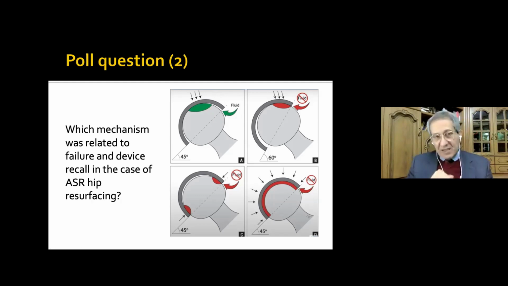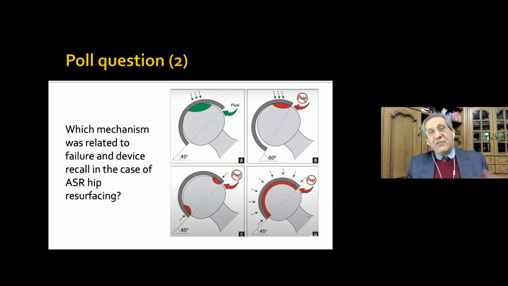What happened in the ASR cup is they manufactured the cup with less than 180 degrees of coverage. And this coverage was reduced further by a groove inside where you can apply the tool or the impactor for the cup. So the effective surface which is available for the head to articulate with was reduced. So this would lead to edge bearing.